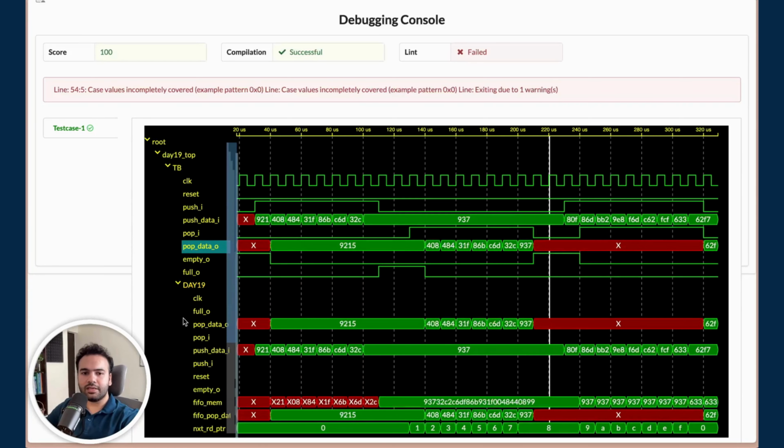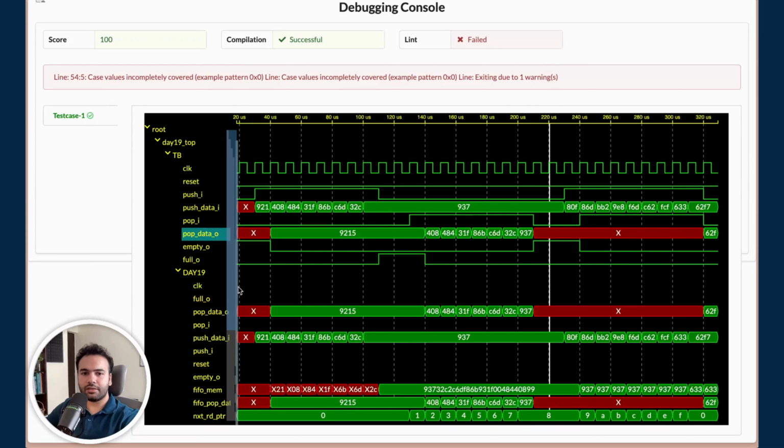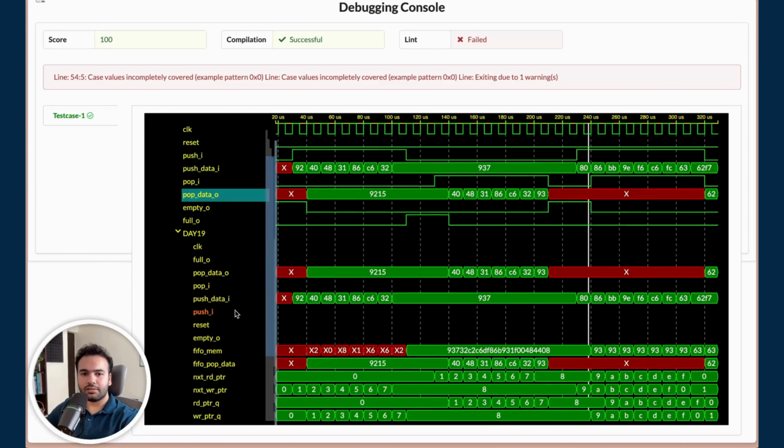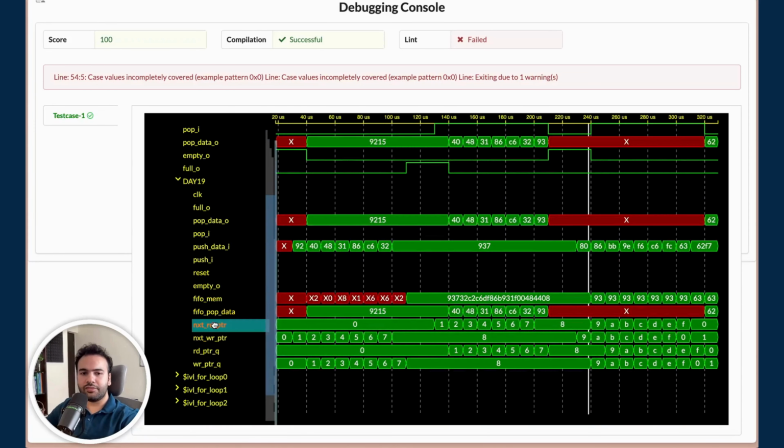We could take a look at the internal signals to understand a bit better. If we take a look at the pointers as well, they seem to be functioning well. There is no X here, just the X is seen on the pop data.